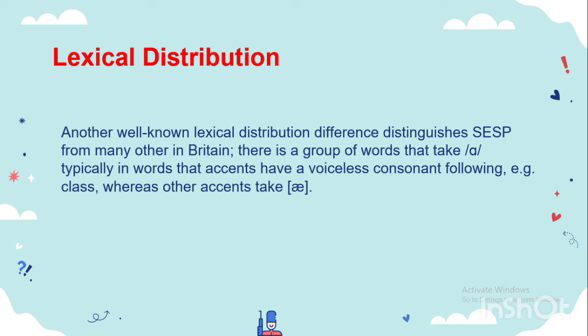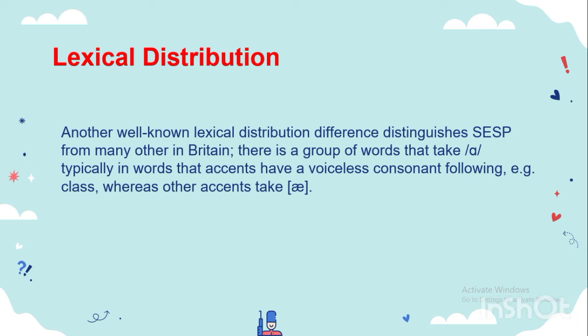However, there is no rule for all such cases, because even SESP has mass and nasty that do not rhyme. So, there is no general rule that establishes a difference in the phonological distribution of the two vowels. Rather, it depends on the selection of the words. It is a case of a different lexical distribution.